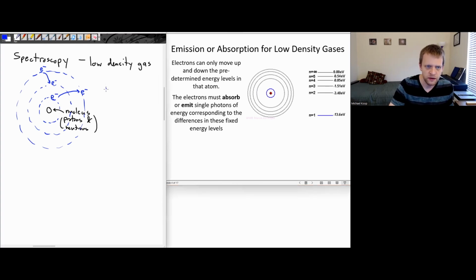So if electrons want to change states, they need to gain or lose the right amount of energy.